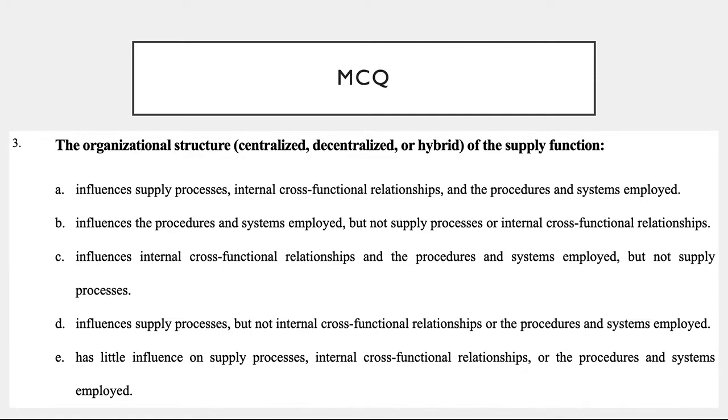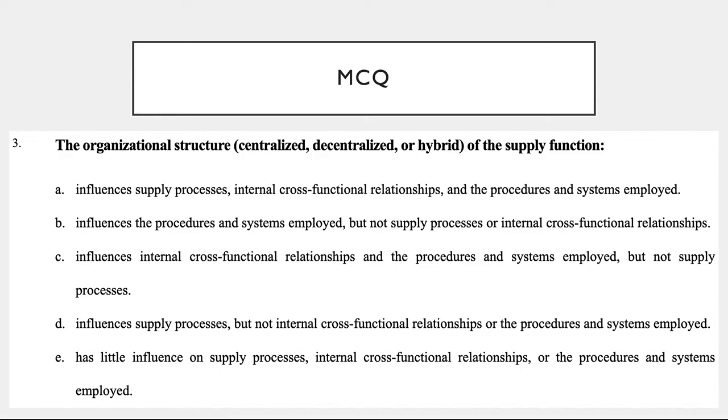So question number 3, the organizational structure, whether it's centralized, decentralized, or hybrid, of the supply chain. A, influences supply processes, internal cross-functional relationships, and the procedures and systems employed. B, influences the procedures and systems employed but not supply processes or internal cross-functional relationships.